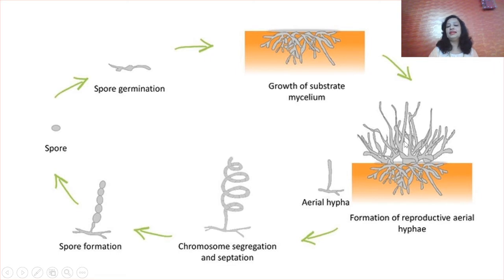The aerial mycelium mostly consists of reproductive hyphae. The reproductive hyphae undergo chromosome segregation and septation, leading to the formation of a chain of spores or conidia. These chains of conidia have typical arrangements, and with the help of this arrangement, the actinomycetes are identified.